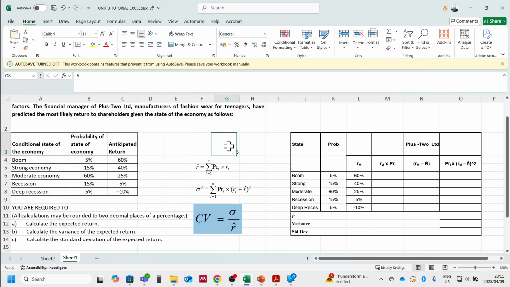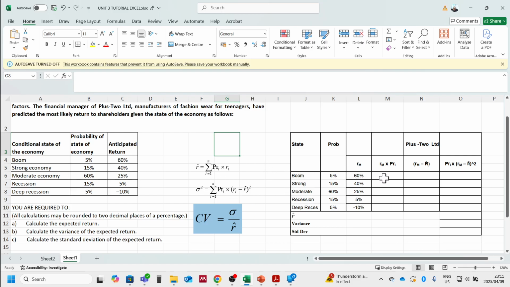So we only accept the CV that is lower than the other investment we are considering, or we accept the project that lowers the CV of our current portfolio, or the one with the lowest CV if we're choosing between different investments.